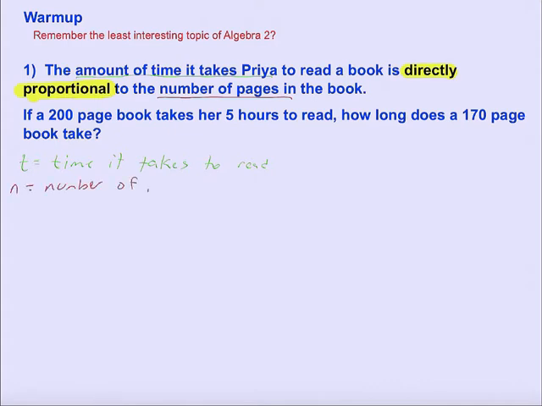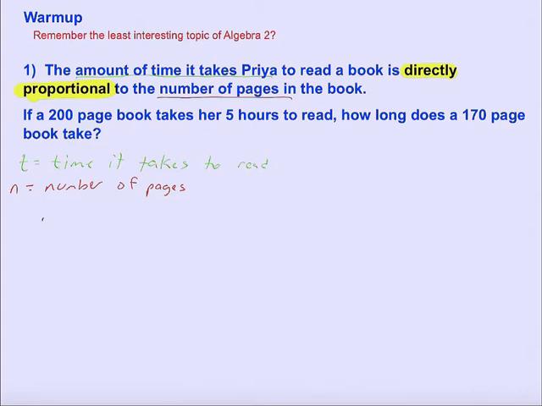And what you learned about in Algebra 2 was that sometimes these two different variables relate to each other with what we call direct proportionality, meaning as one goes up, the other goes up exactly proportionally at the same rate. And the way we would write that as a sentence, we would translate exactly the sentence it gave us.